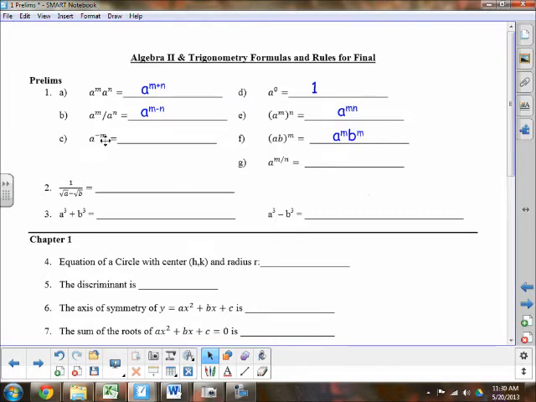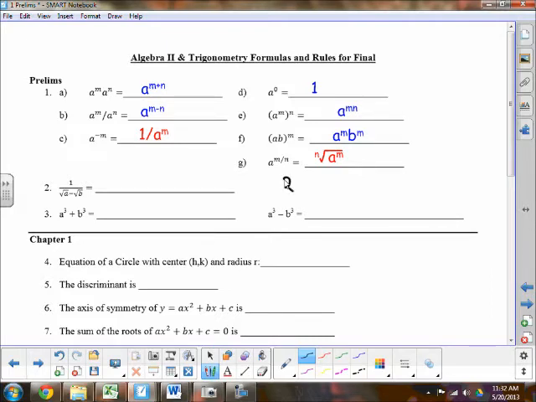Now the two new ones that we did this year were negative exponents, which we found out actually just represented fractions. So this would be 1 over, or 1 divided by, a raised to that m power. The other property we noticed is that exponents can also be expressed as radicals, and radicals as exponents. That's with the rational exponent property. A to a fractional exponent turns out to actually be represented as a combination of exponent and radical. So here are a couple of examples of that.